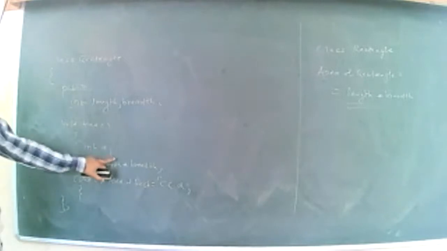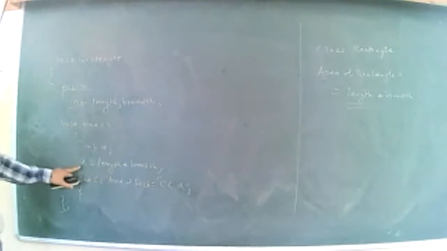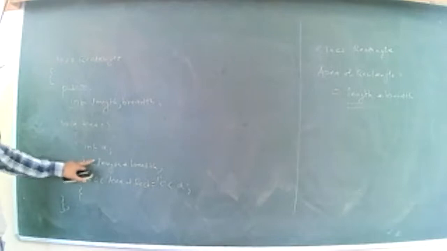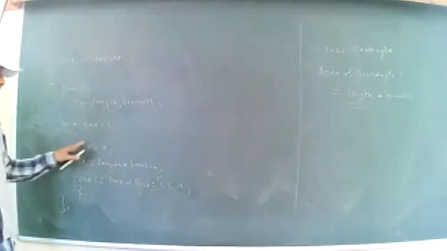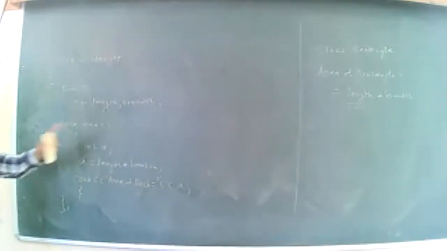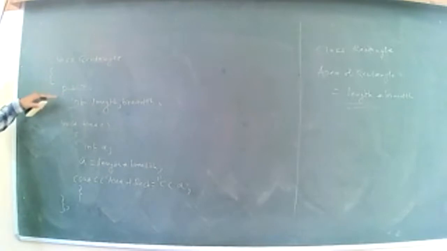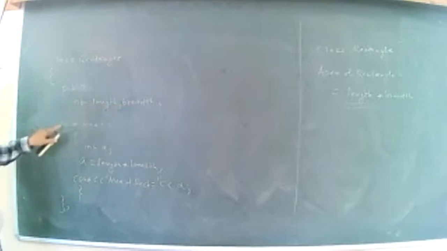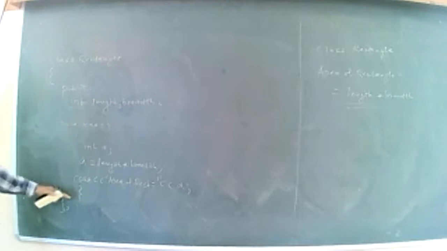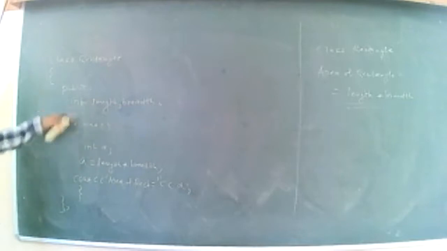Now we have defined this a, which can be of type integer, meaning the value after multiplication will be of type integer. So this is nothing but a class rectangle in which we have public variables, length and breadth, which can be used throughout this class. Void area is the function with which we can calculate the area.